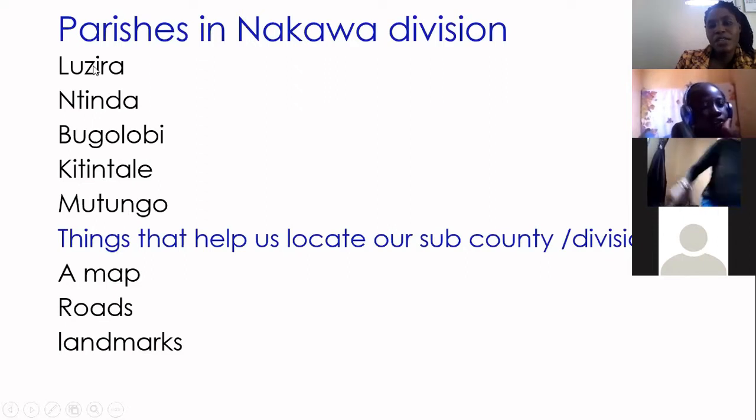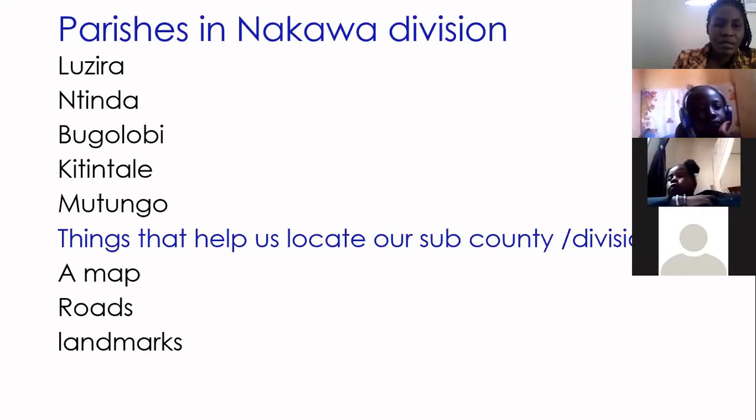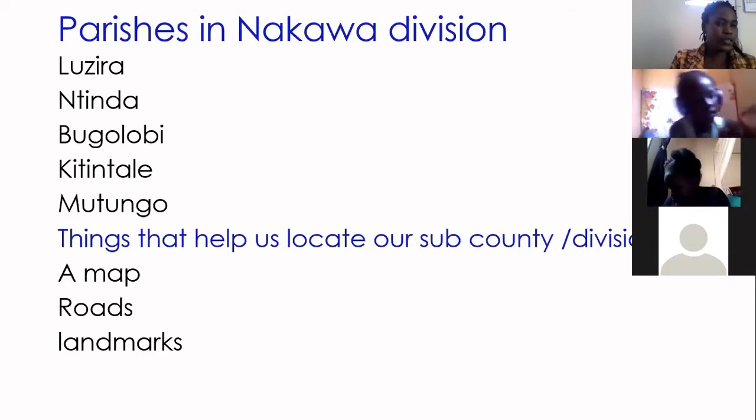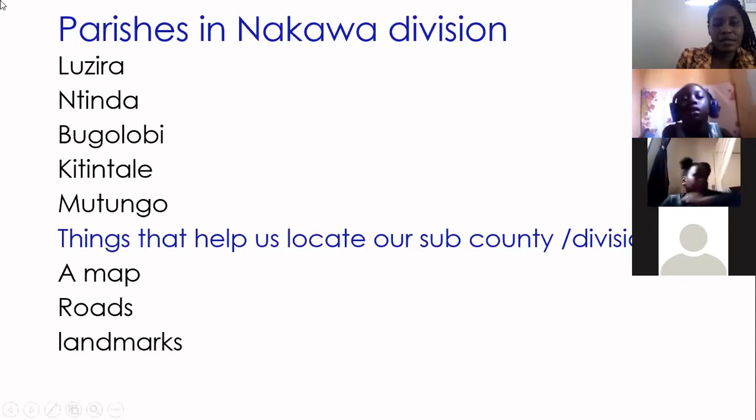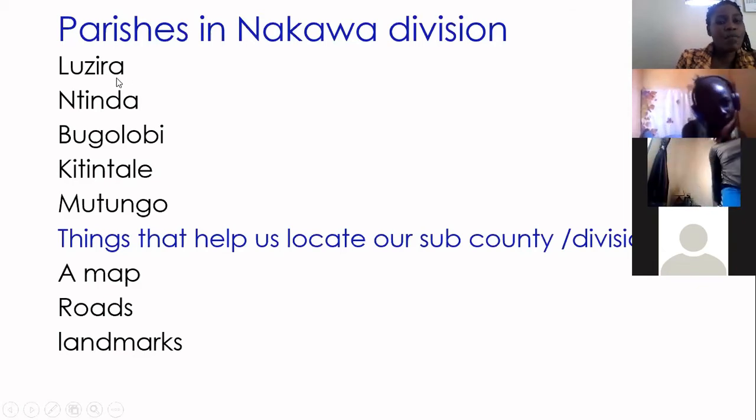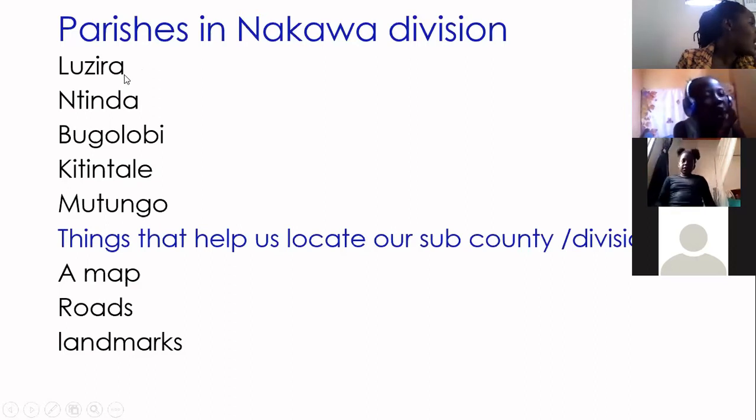Remember, these ones are not divisions, but they are parishes. In our definition, we looked at divisions and parishes. These are the parishes in Nakawa Division, or we can as well call them zones. The first one is Luzira Parish.